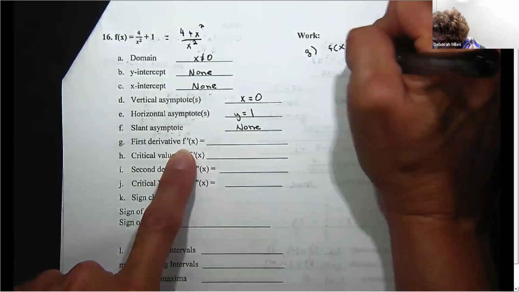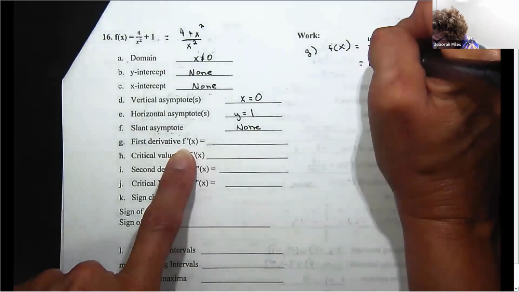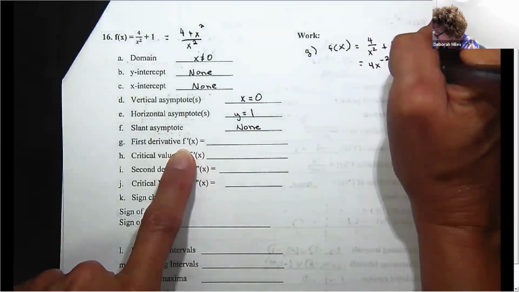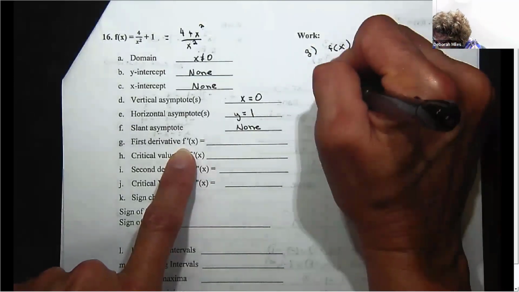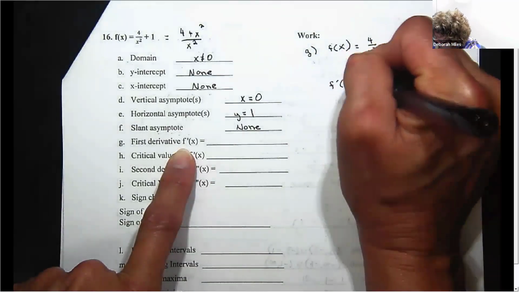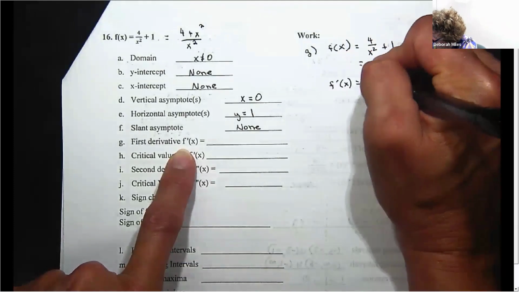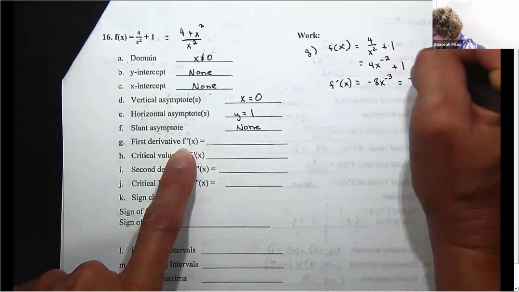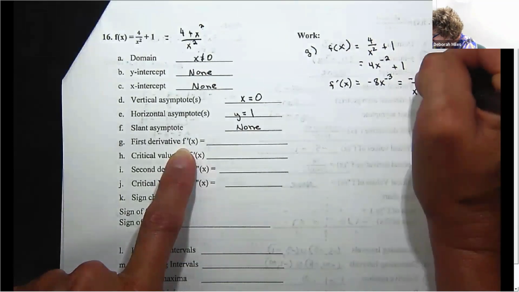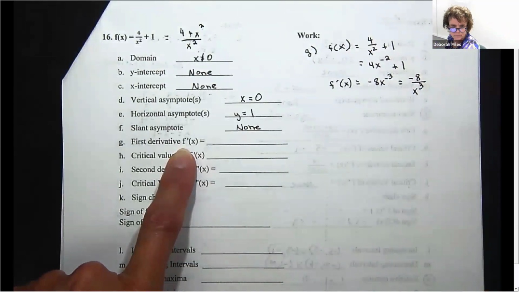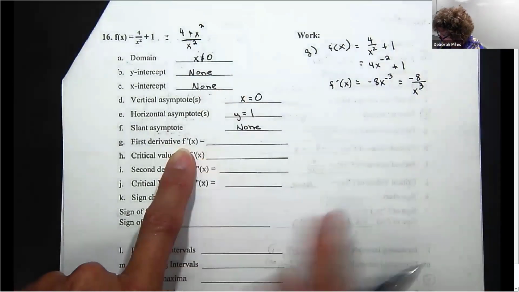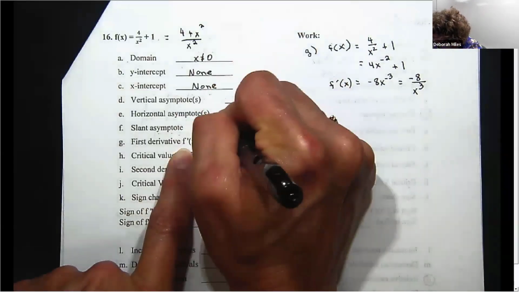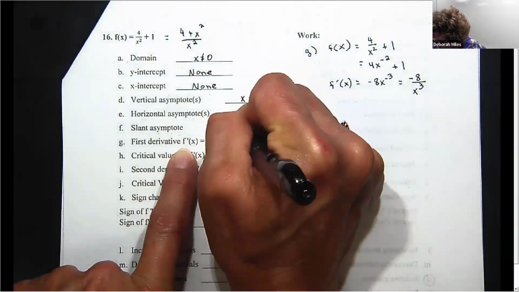I could write that as 4x to the negative 2 plus 1. That makes it easy to see the derivative is negative 8x to the negative 3, or negative 8 over x cubed.